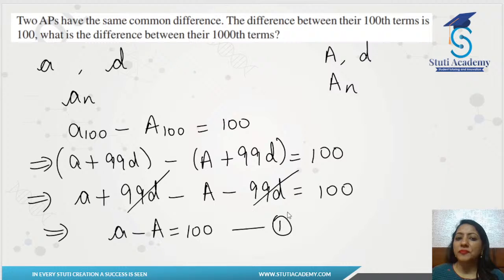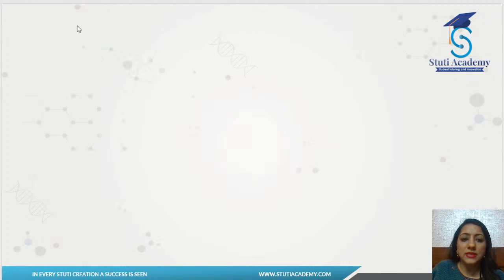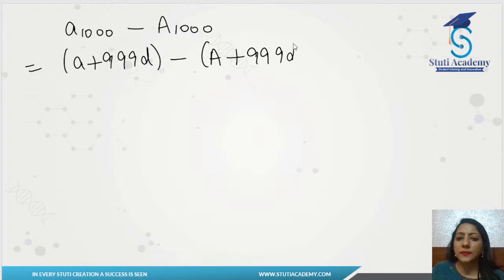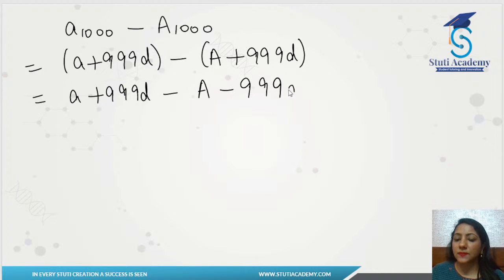Now we have to solve for the difference between the 1000th terms. That means we need to solve for a1000 minus A1000. So this can be written as a plus 999d minus (A plus 999d). So we have here a plus 999d minus A minus 999d.